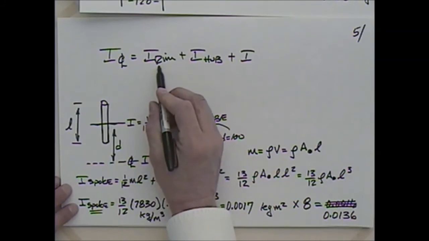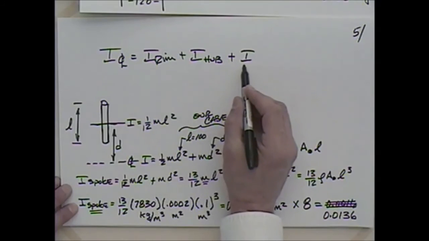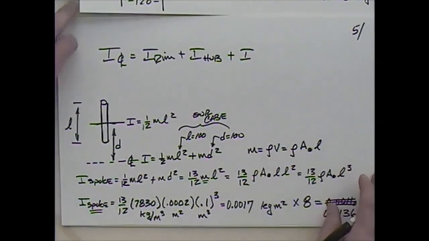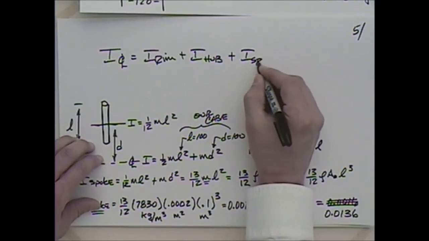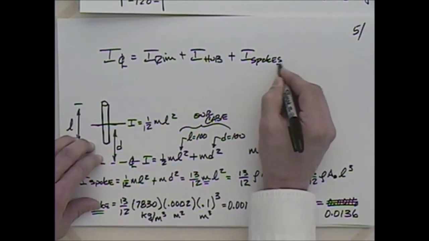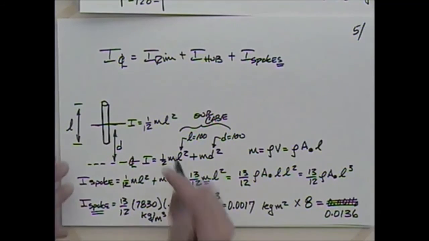So I for the rim, I for the hub, and then I for the spokes. So we'll take it that we've already multiplied it by 8.